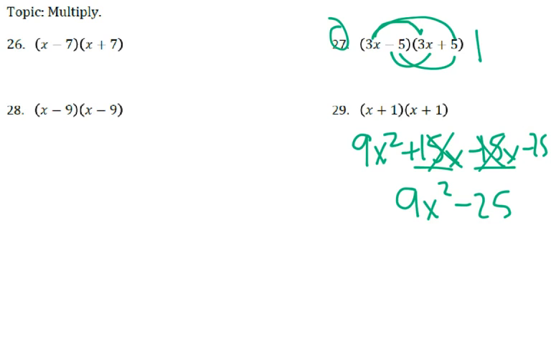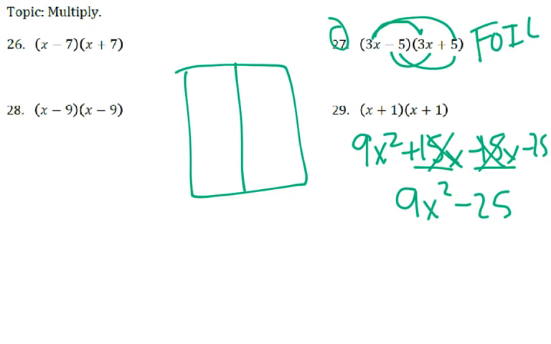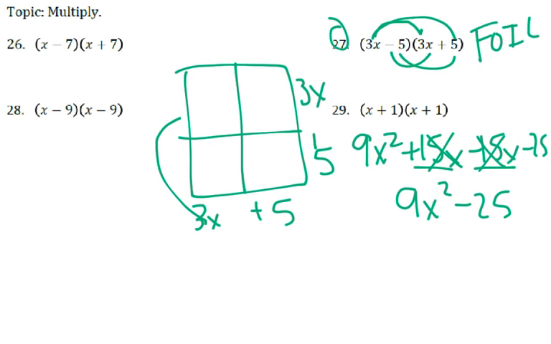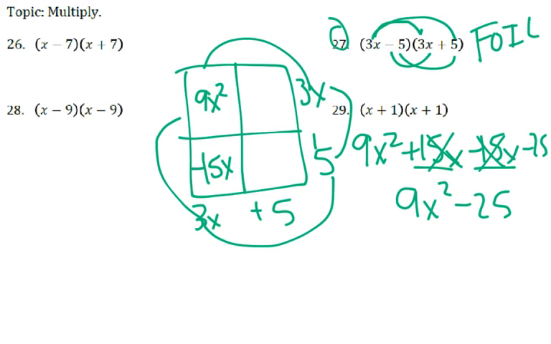That's the FOIL method. You can also do the box method. The only difference is this would be 3x minus 5, 3x plus 5, then multiply. 3x times 3x is going to give us 9x squared. 3x times negative 5, negative 15x. 3x times 5, right?